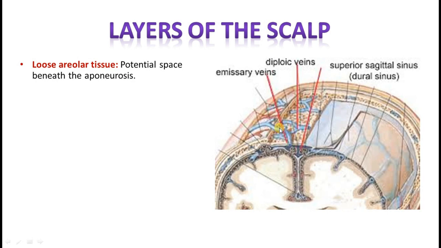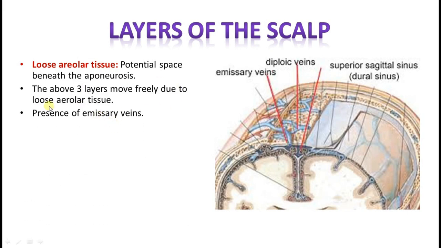It is made up of loose areolar tissue, and mainly the emissary veins are present in this layer. Because of this loose tissue, the first three layers slide freely.